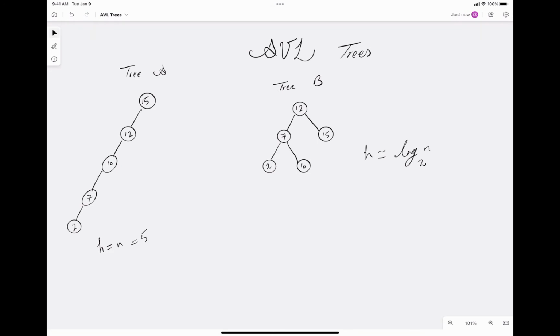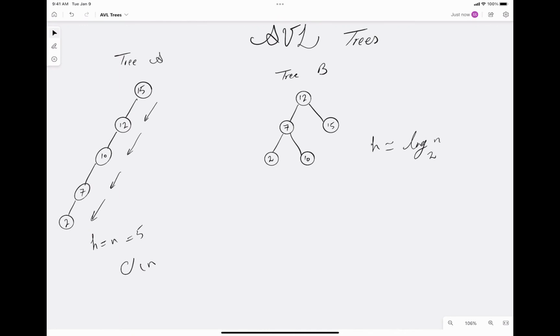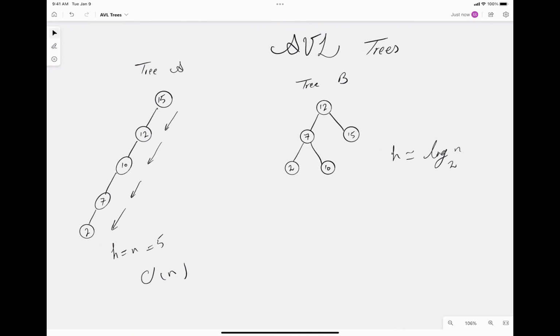For finding the node 2 in tree A, we need exactly 5 searches. First we search 15, then go to 12, then 10, 7, and at the end we get to number 2, which is O(n) in the worst case.